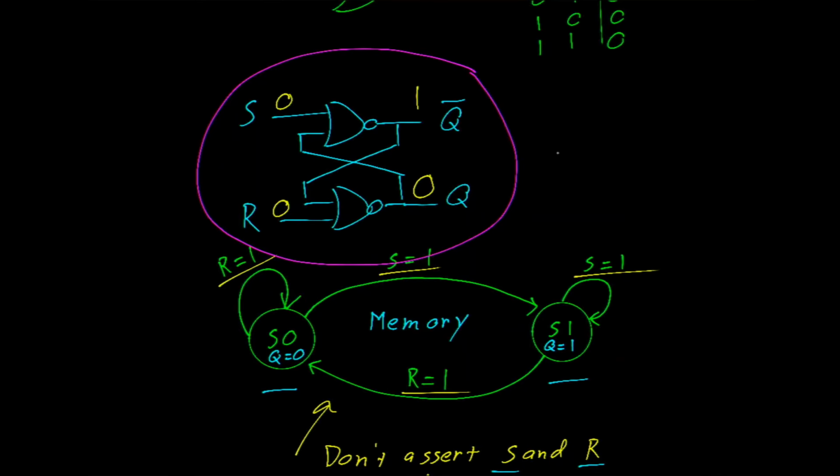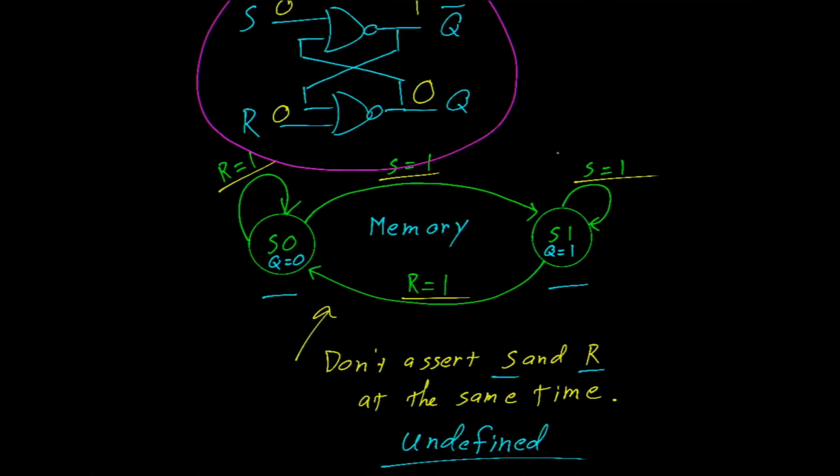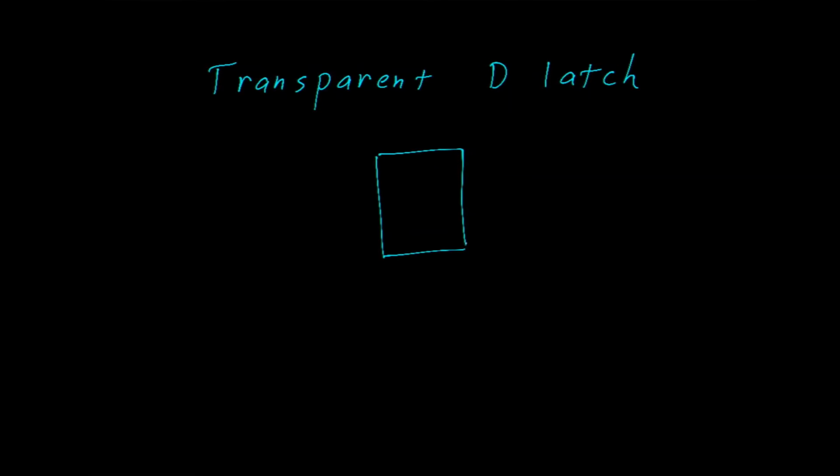As you read the text, the author is going to describe a series of circuits with increasing complexity, leading up to something called the transparent data latch, which is represented as a block with inputs D and C and outputs Q and Q naught.